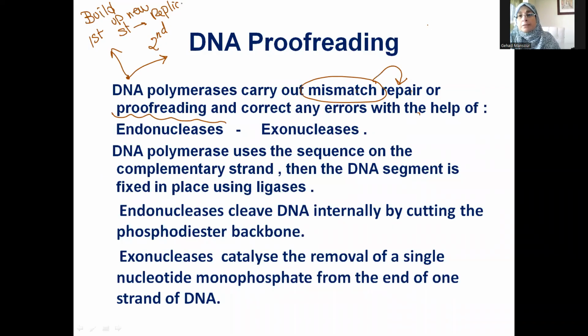And mismatch means that you might have, for example, adenine that instead of having thymine in front of it and making 2 hydrogen bonds might find cytosine in front of it. If adenine finds cytosine in front of it, they wouldn't make a bond.